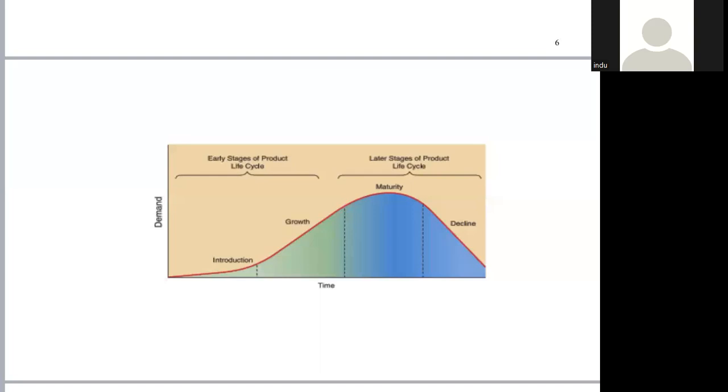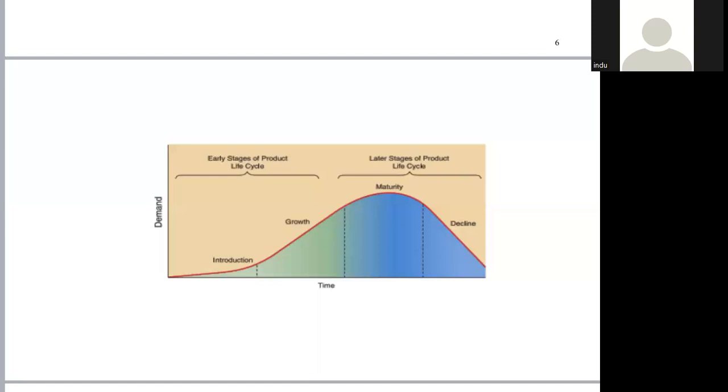And when we further discuss the first two stages of the life cycle, the introduction and growth stages, they can collectively be called the early stages, because the product is still being improved and refined, and the market is still in the process of being developed.